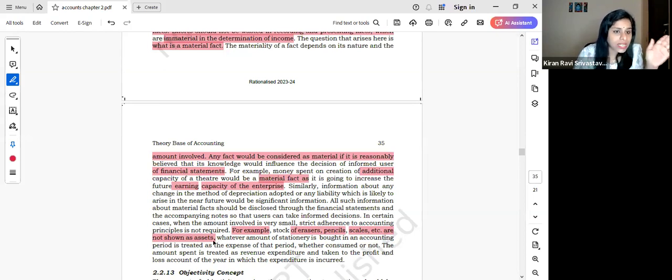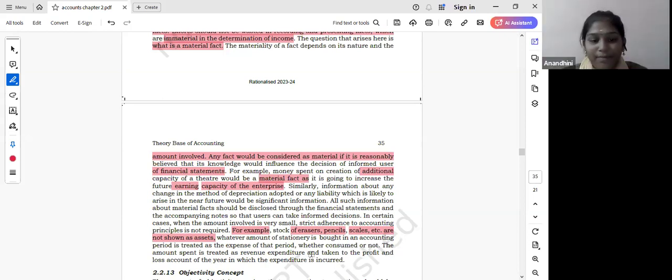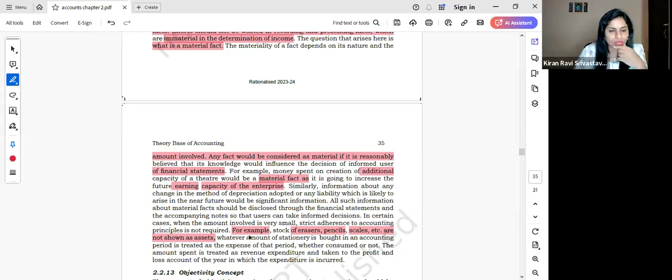But for those in the stationery business, stock of pencils, erasers, scales will be a material fact because they are selling them. Are you getting it? Yes. So what is material and what is not material also depends on the company.